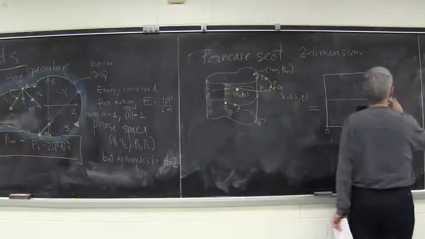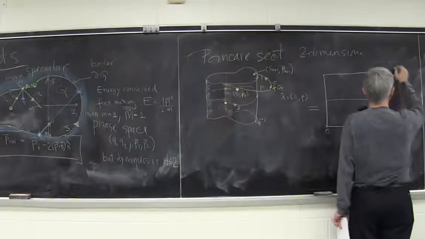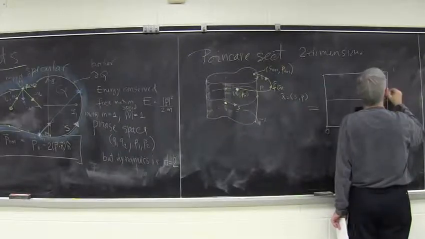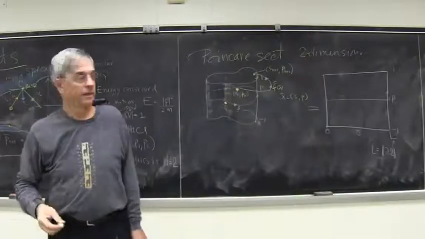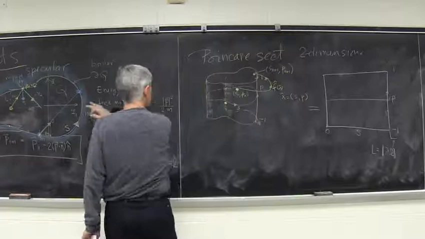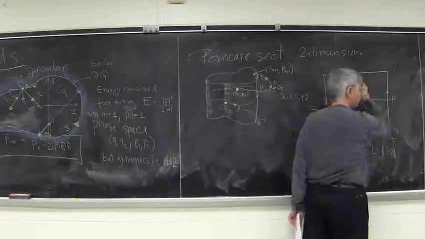And here we have minus 1 to 1 for the parallel momentum. So we just draw it as a little rectangle. And then we study the dynamics. Instead of looking at the billiard, we study just how the points hop around here.